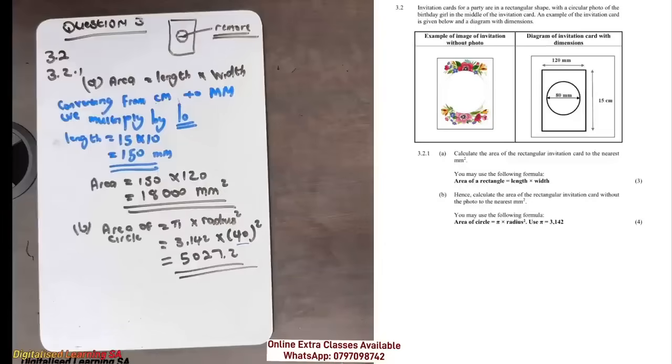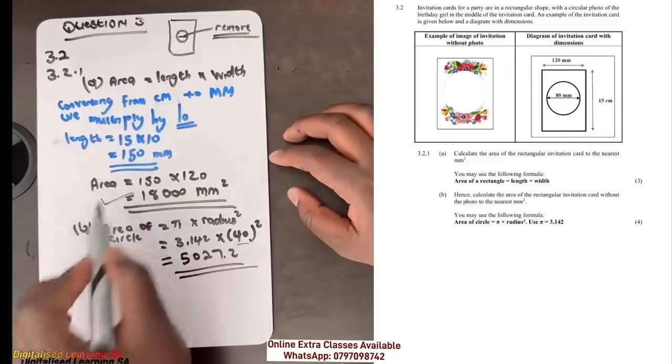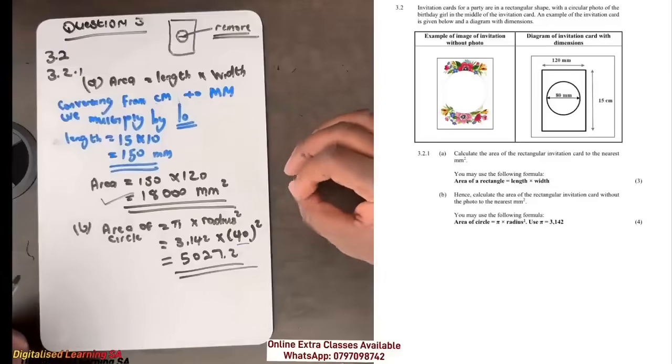So now we have calculated the area of our circle, and we are asked to remove it from the area of our rectangle. We have already calculated the area of our rectangle, which was 18,000.